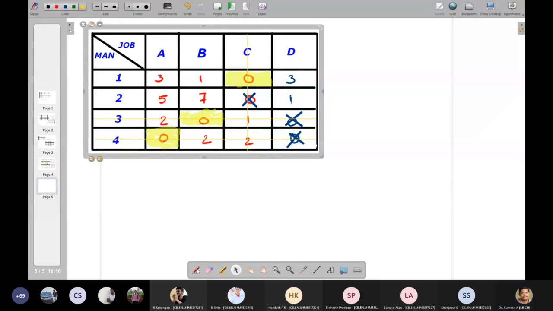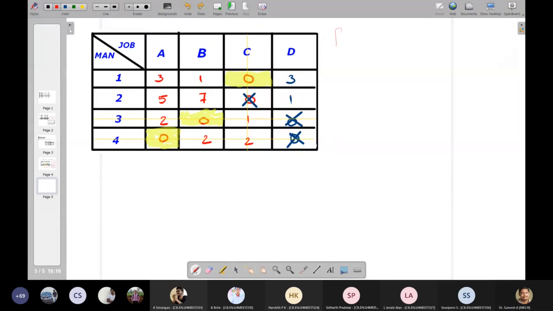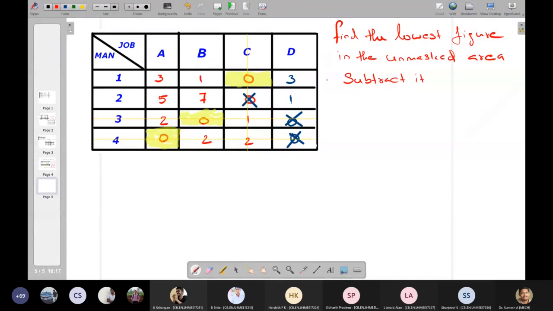Find the lowest figure in the unmasked area, and subtract it in the unmasked area. No operation in the masked area.